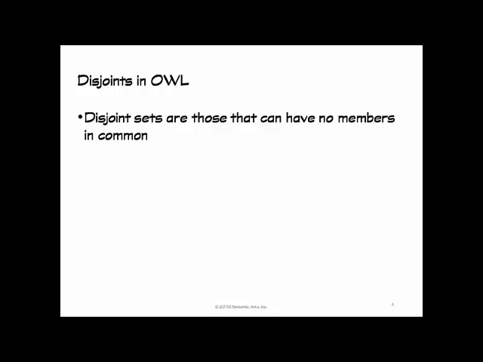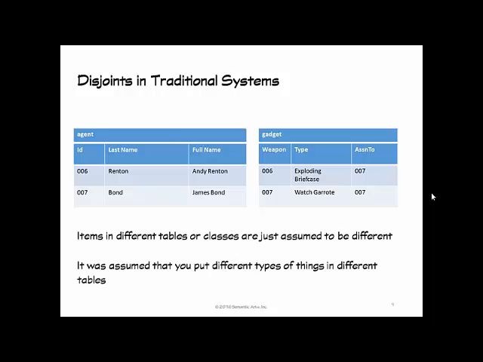In a real brief sense, in OWL, when we say that two sets are disjoint, it means that they can logically have no members in common. It doesn't mean that they don't currently happen to have no members in common. It means that logically and philosophically they cannot have two members in common.